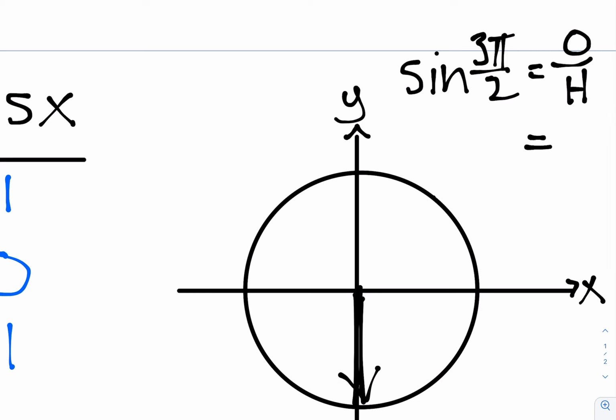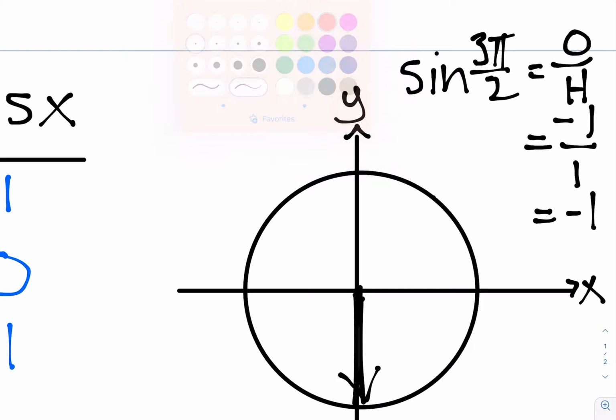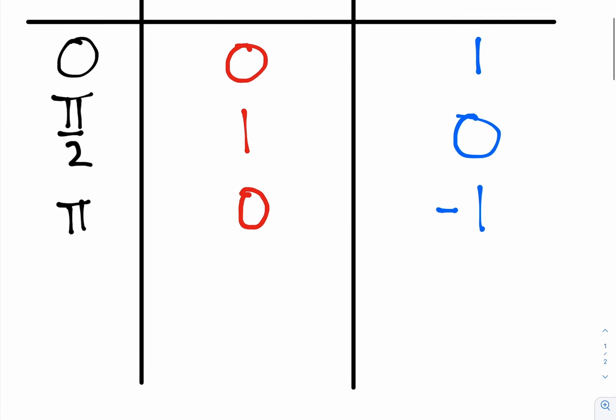So the vertical component, it's not going to the left or right, so there's no horizontal component. The vertical component is only going straight down. So all of its radius of 1 is being directed downwards, so it's -1 divided by our hypotenuse, which is +1. So the sine of 3 pi over 2 is going to be -1.